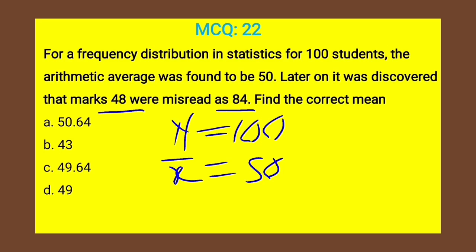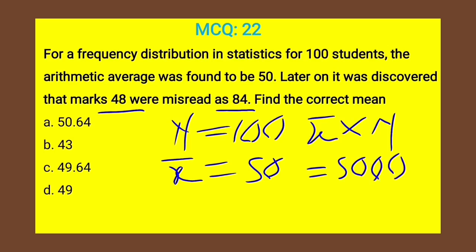So we need to find the total marks in that case. It's going to be your summation X, which is the mean multiplied by the total number of students. Okay, and that's going to be 50 multiplied by 100. You're going to get 5,000. So after getting the 5,000, all that you need to do is, that's the total marks.